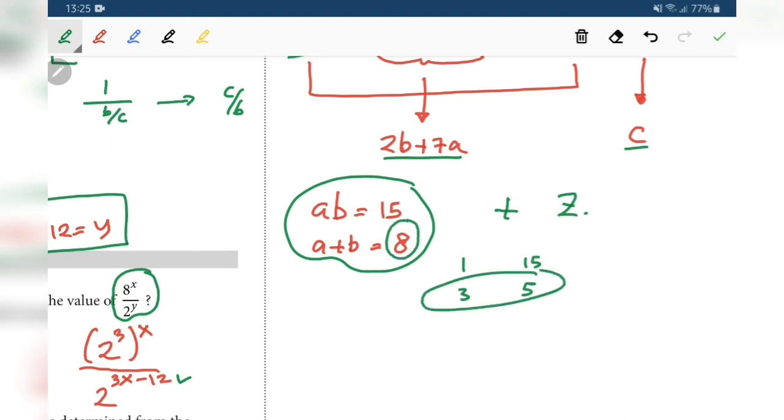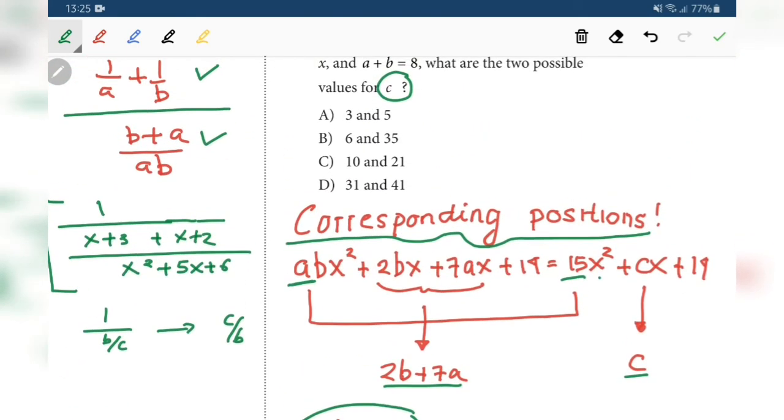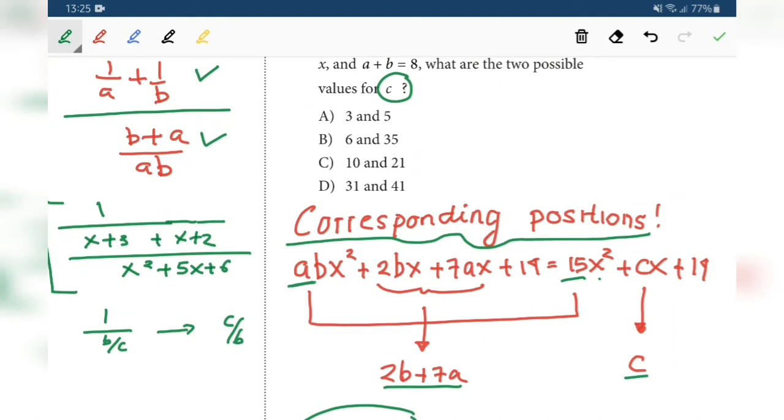I think this one. So we're going to experiment with 2b plus 7a now. 2 times 3, 7 times 5. Oh, my stomach is talking. So this is 6 plus 35 equals 41. Without doing more calculations, we can pick D as the answer.